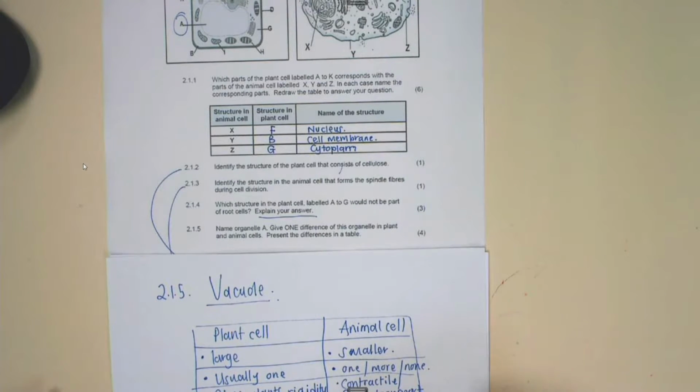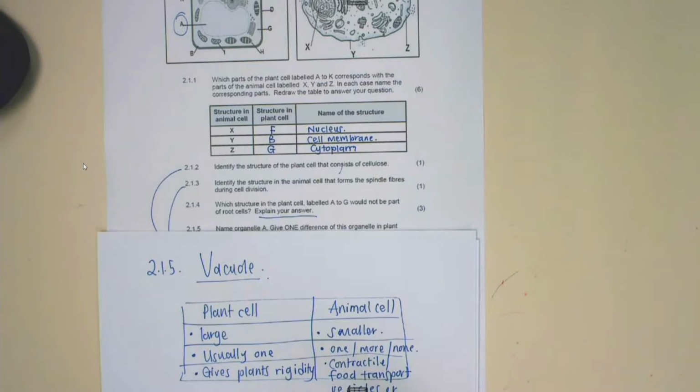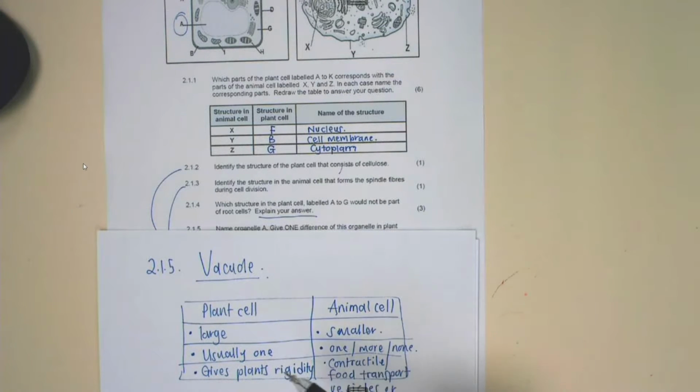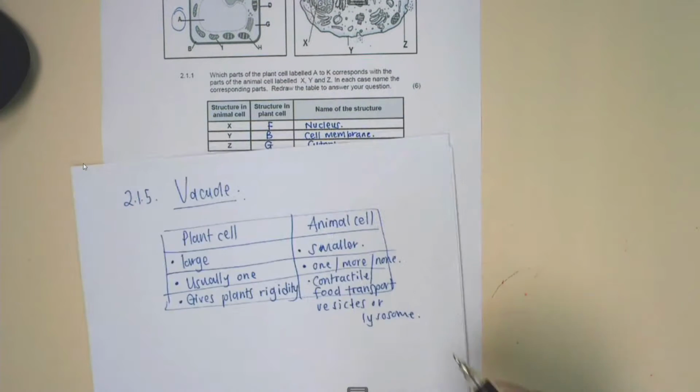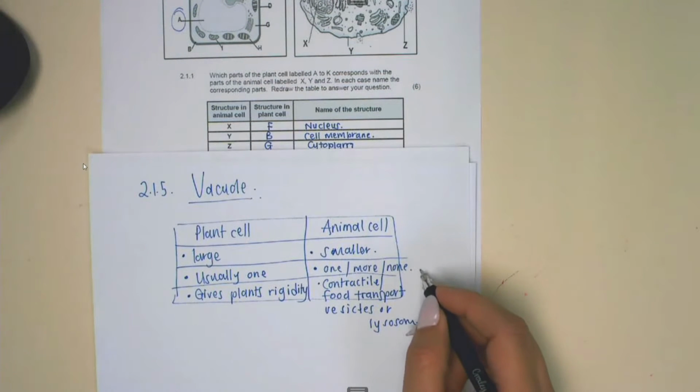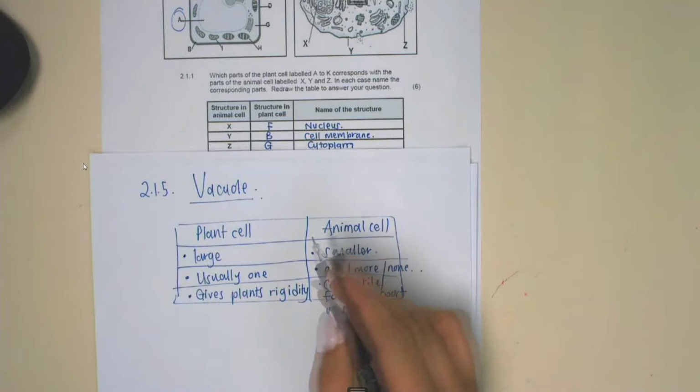And it's a vesicle or lysosomes. So please make sure that you do the labels or you do the different functions, and make sure that you draw your table. Very, very important.